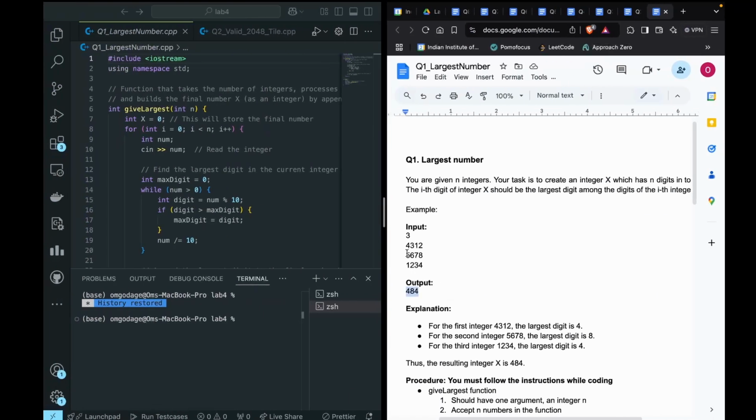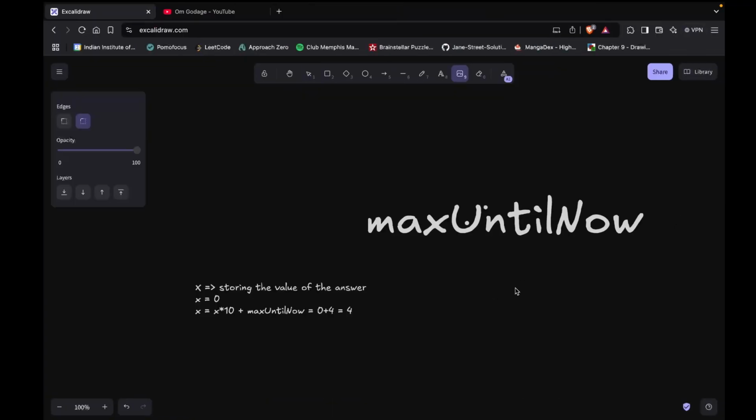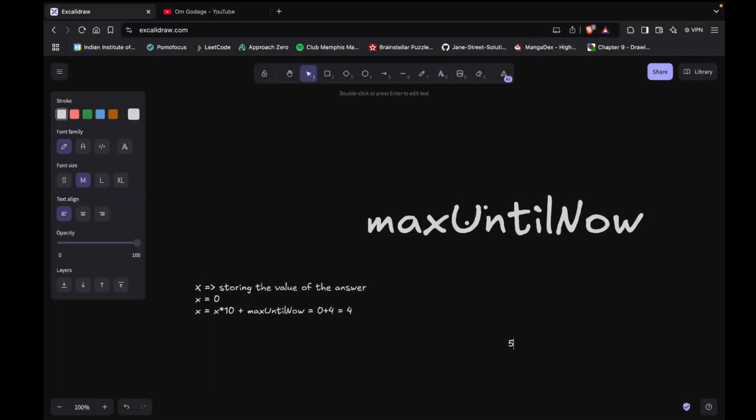The next number that you have is 5, 6, 7, 8. So if you do 5, 6, 7, 8, iterating over it one by one and finding max until now, like I told you, writing a for loop over these and getting the remainders one by one, at the end you will get max until now as 8.